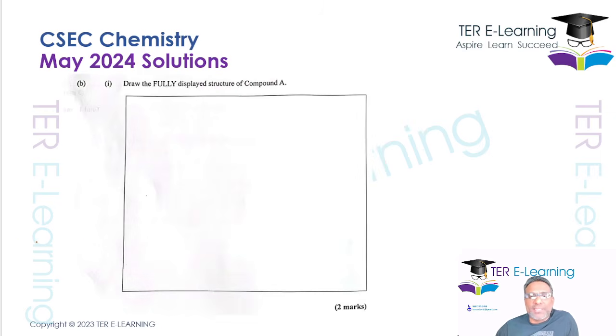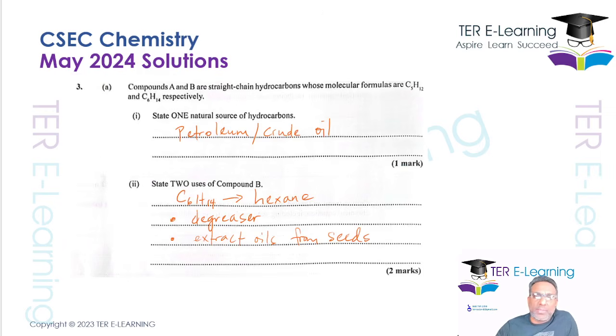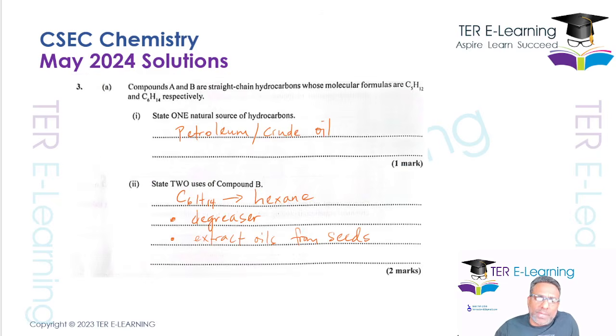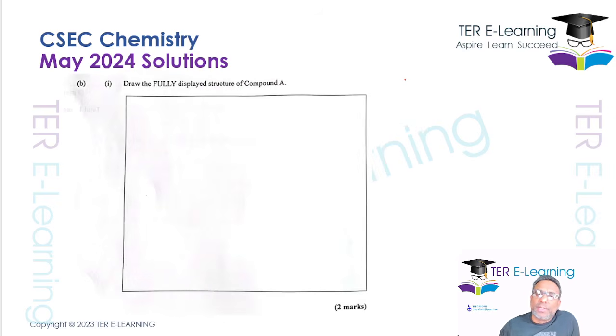Draw the fully displayed structure of compound A. Which one is A again? Is C5H12. One second. Okay, so both of them are alkanes, right? So C5H12. So this compound here is C5H12, right?